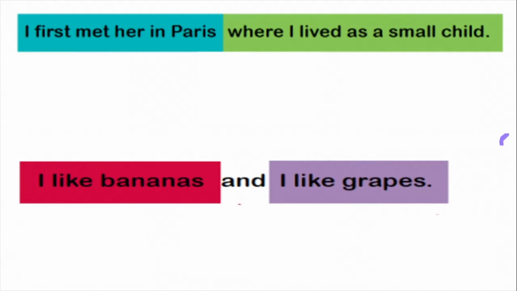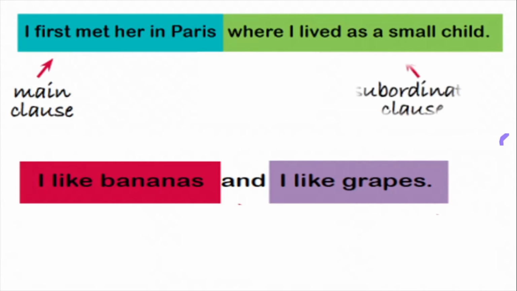So "where I lived as a small child" is somewhat incomplete, isn't it? It is not leading you to any concrete idea. So "I first met her in Paris" is the main clause. And "where I lived as a small child" is the subordinate clause. So here we have a sentence with a main clause and a subordinate clause. And it must be clear to you now what the idea of a main clause is.